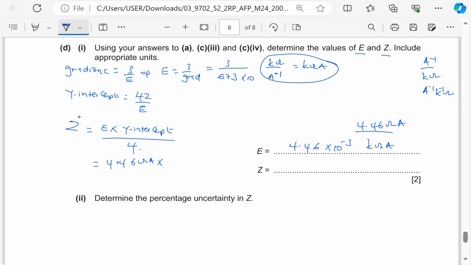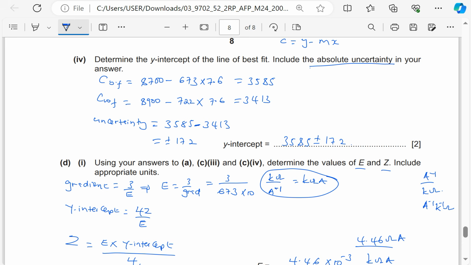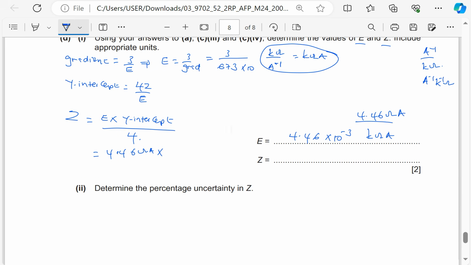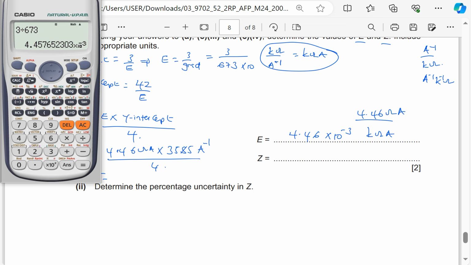The y-intercept is going to be the best value, which I have as 3585. So this is 3585, and this is per ampere, that is on the y-axis. Then I divide this by 4. So 4.46 times 3585, divide this by 4.